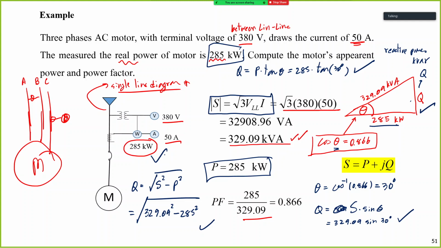But for the conventional meter, usually we can measure only volt, current, and the watt, the real power. So if we would like to know the power factor or the reactive power, we need to make a calculation like this example.